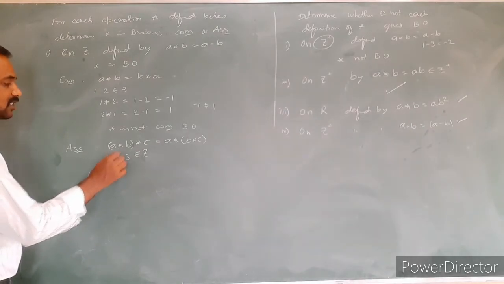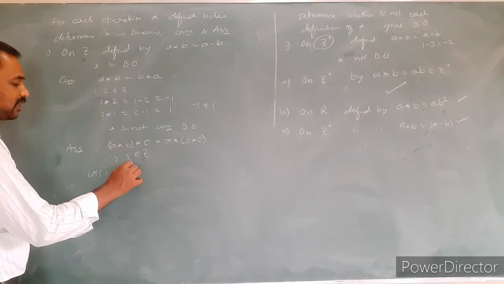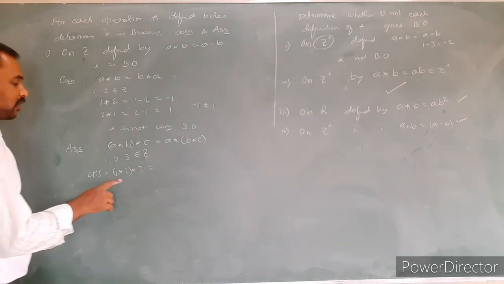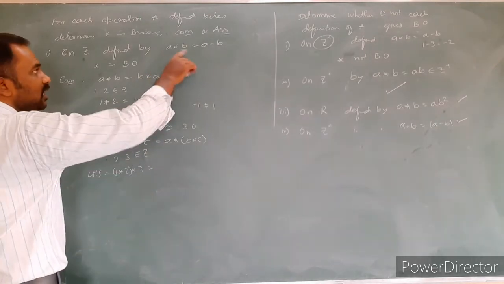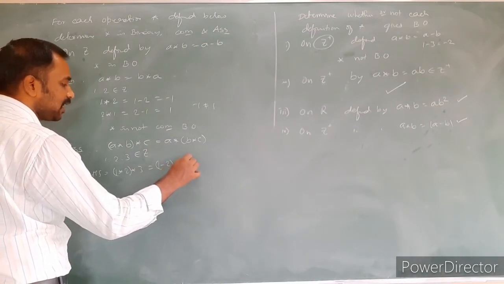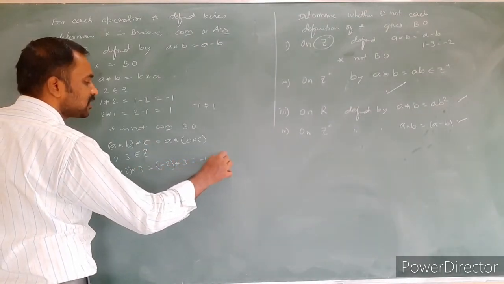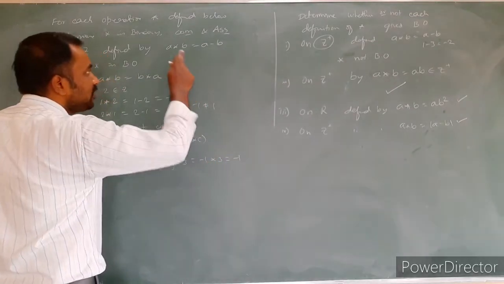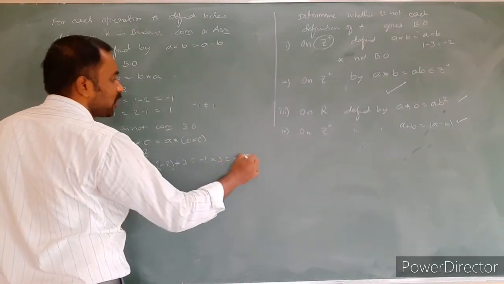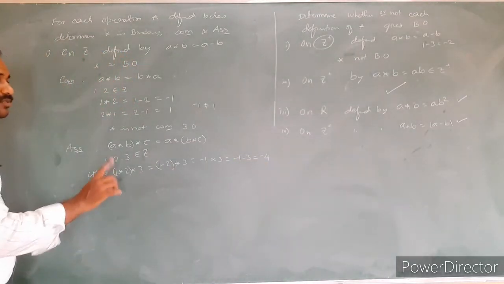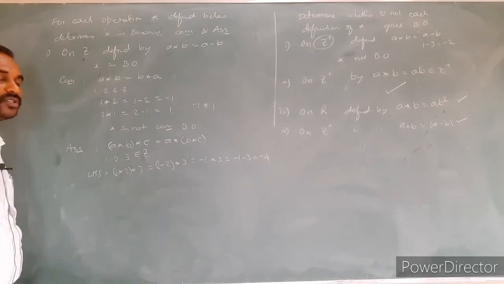LHS part: (1 star 2) star 3. 1 star 2 is 1 minus 2, which is minus 1, so minus 1 star 3. A value is minus 1, B value is 3, minus 1 minus 3 becomes minus 4. LHS value is minus 4 for 1, 2, 3.